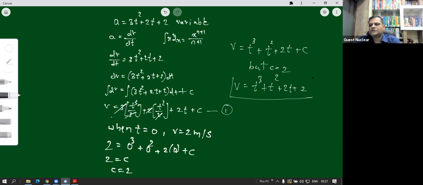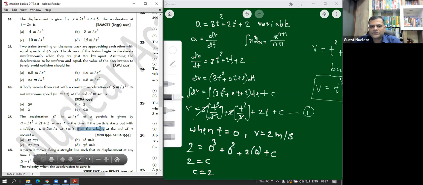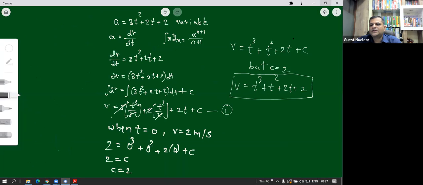This is the velocity in general at time t, but just check what we have to find out, that the velocity at the end of 2 seconds is, okay. So we have to take time t equal to 2 seconds and find the velocity. So just put t equal to 2 here in this equation so as to get the velocity at 2 seconds.